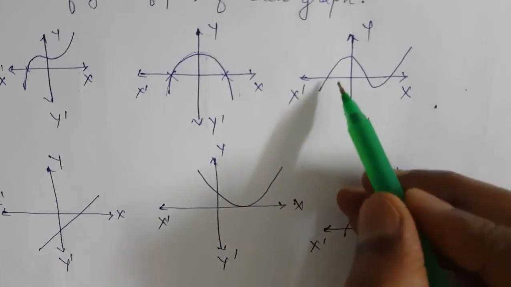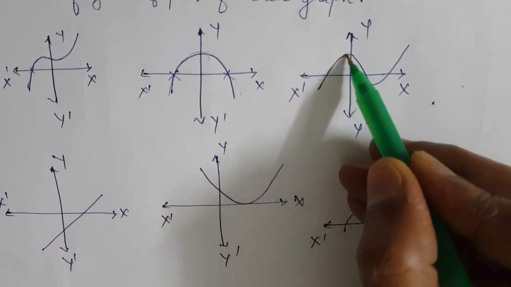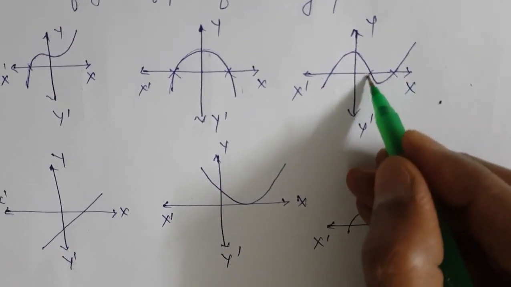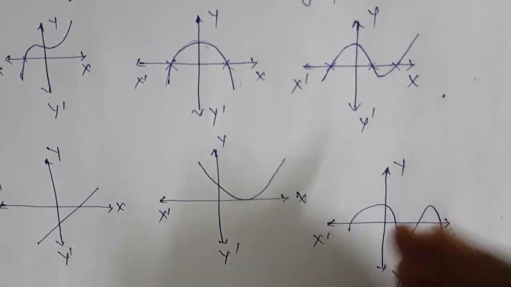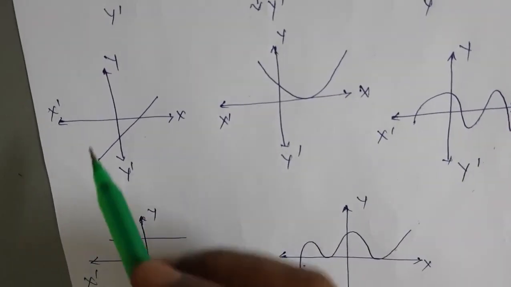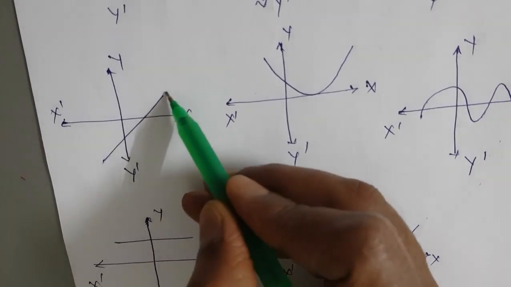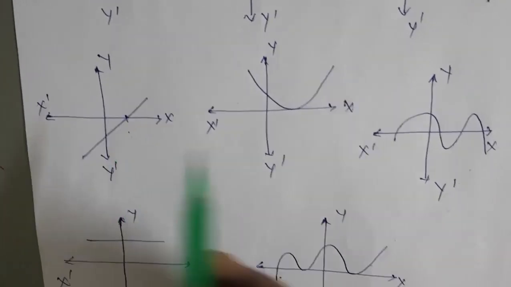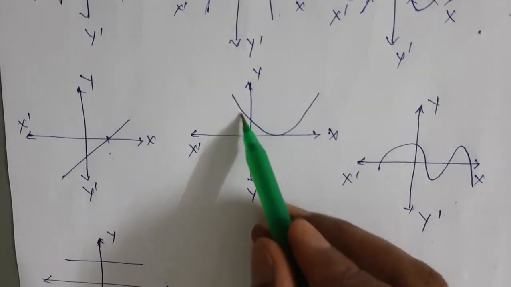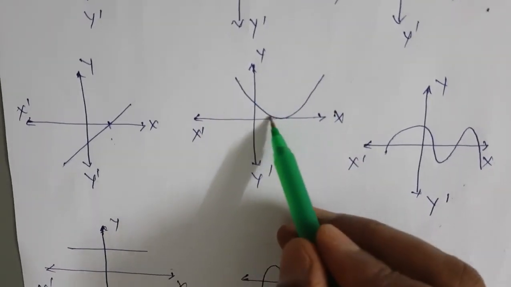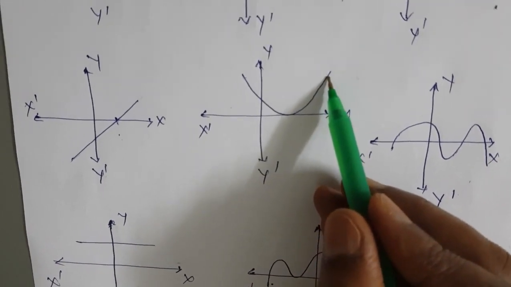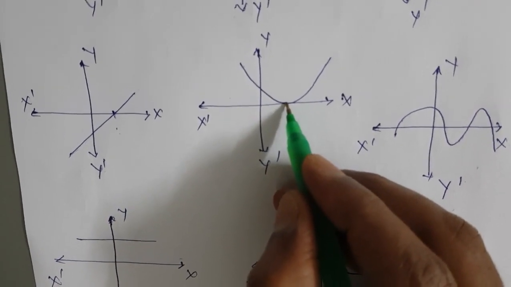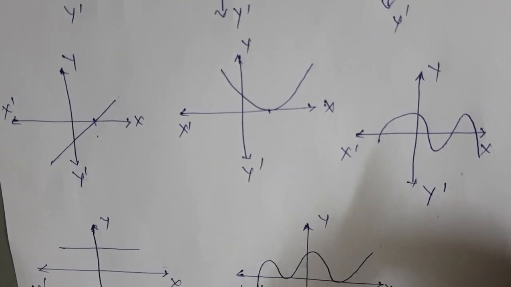In the third part, this curve is intersecting the x-axis at 3 different points, so it has got 3 zeros. This straight line is crossing the x-axis at 1 point, so it will have only 1 zero. Now, here it is a parabola, so it may have 2 zeros, but both the zeros are coincident. So when you say how many zeros are there, we say that only 1 zero is there, right?